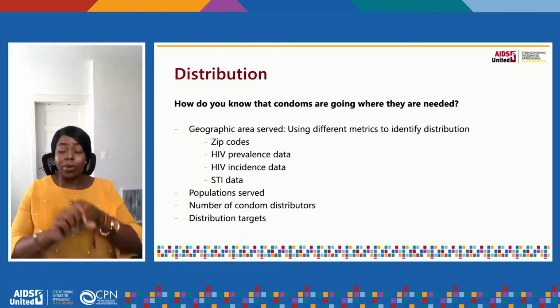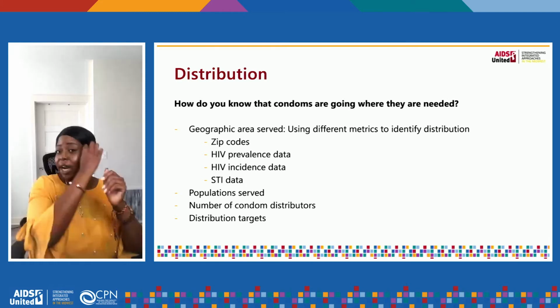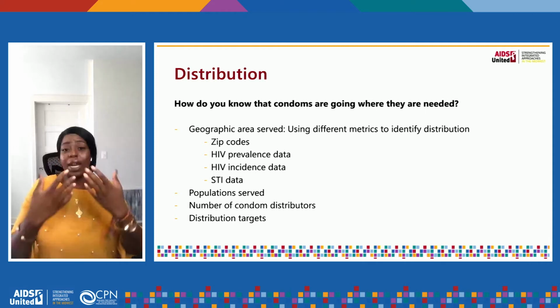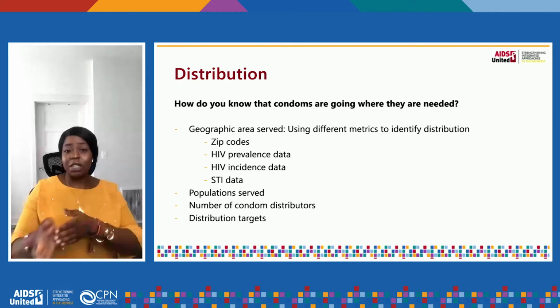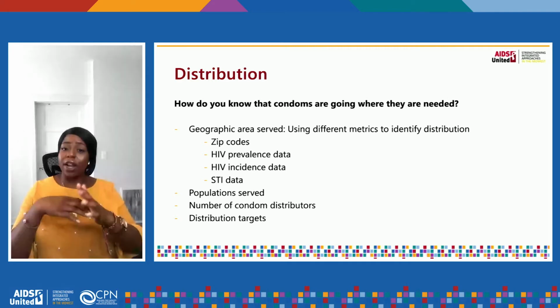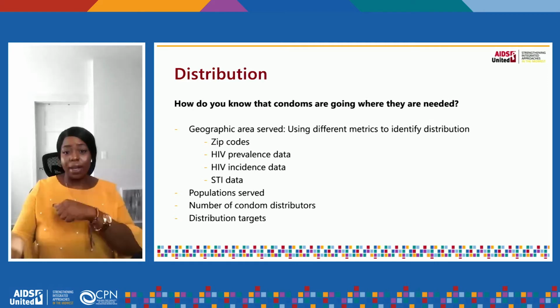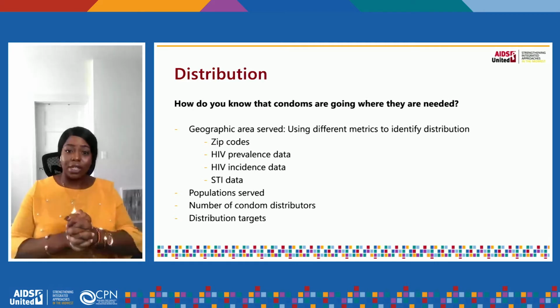Do I have real-time target numbers on the communities that I'm choosing or that I'm hoping to impact? And do I have to distribute 1 million condoms in a certain amount of time, or do I have a certain amount of dollars to spend on condoms? So again, looking at return on investment, are you looking to return most on money spent or time spent? And the level of opportunity cost as well. Next slide.